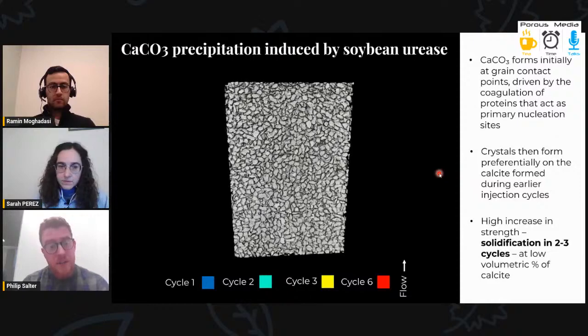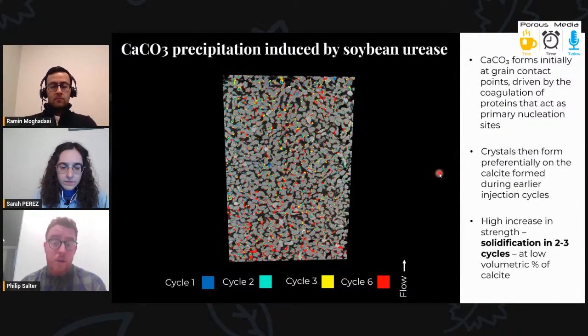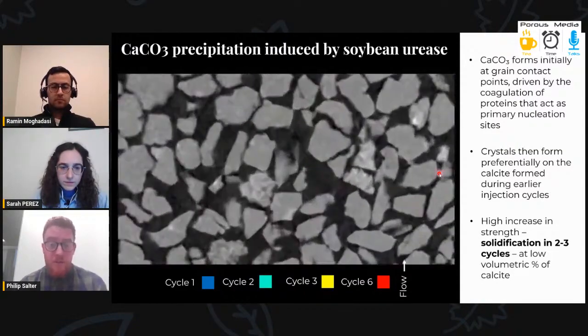So if we take the first of those single-phase injection strategies, the soybean EICP, we see that calcium carbonate forms initially at grain contact points, driven by the coagulation and dropout of other proteins in solution, which then act as primary nucleation sites for crystal growth.